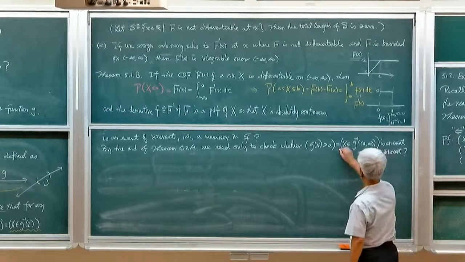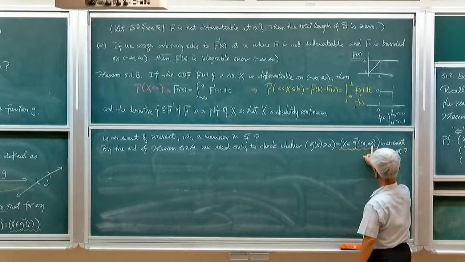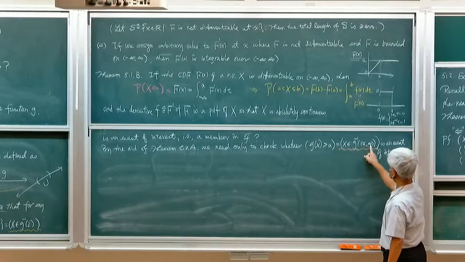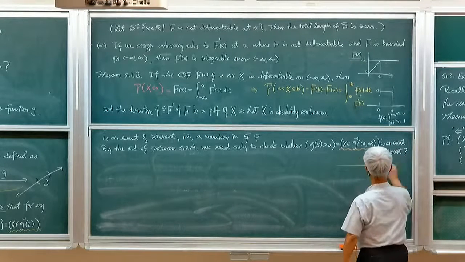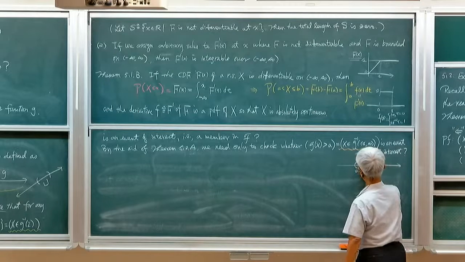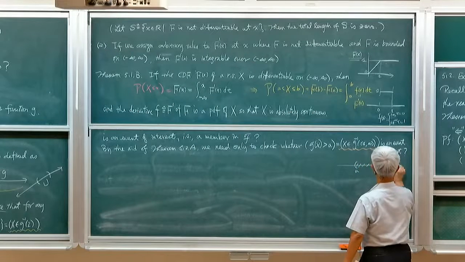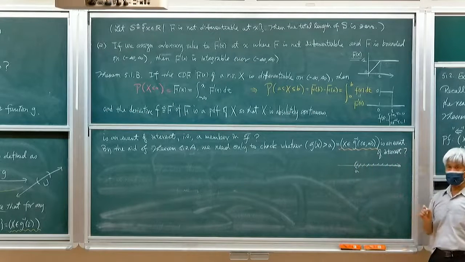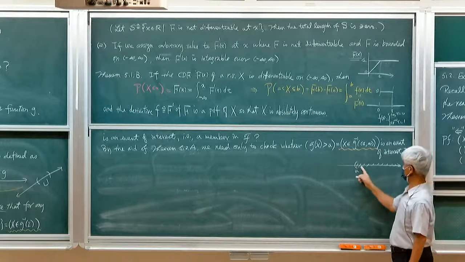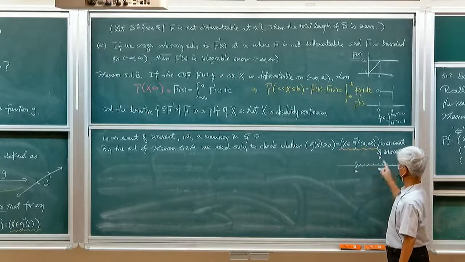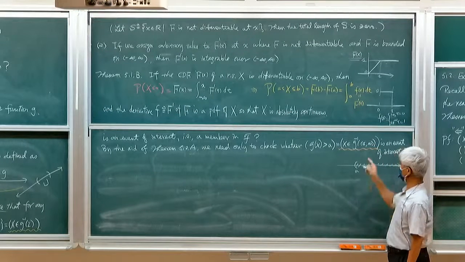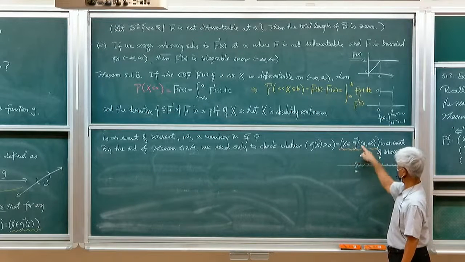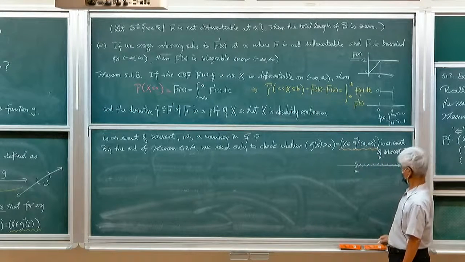All right, so it's an open ray from a to infinity. And g inverse of this subset, and X in this should be an event.